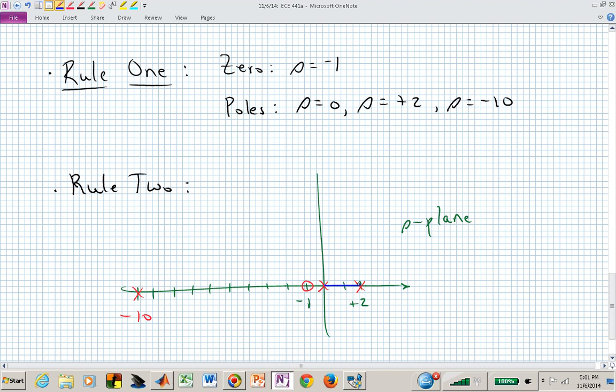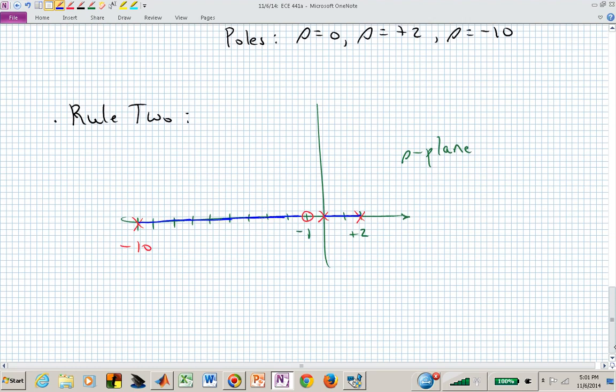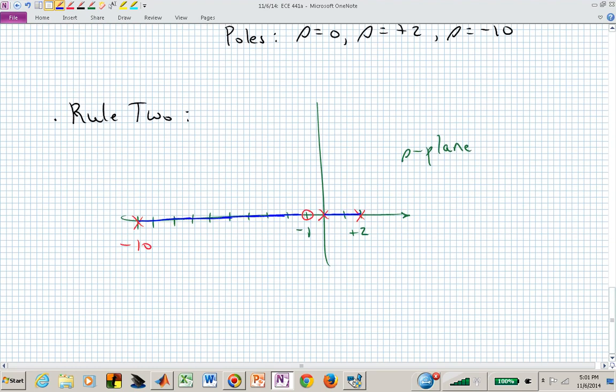We know that we have a segment of the real axis between the origin and +2, because there's one pole to the right of that line segment. We also have another line segment between -1 and -10, because there are always 3 poles and zeros to the right of that segment.